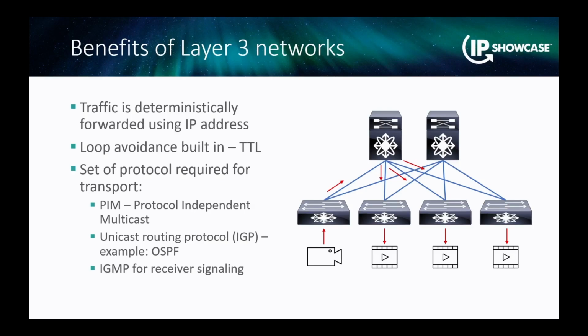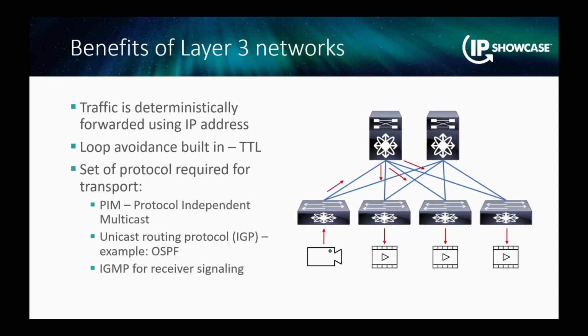What you need to know, the set of protocols which are needed for layer 3 to work, is PIM, Protocol Independent Multicast. That's the way for you to forward those multicast packets or find the destination for that multicast packet, or in reality find the source.